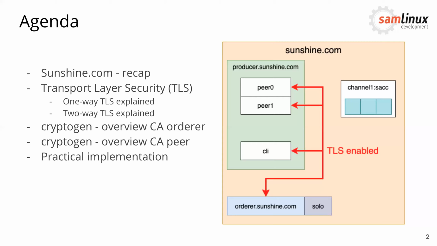I think I have a good visualization, and with this we can make it a little bit clear. And in the end, I will show you the practical implementation of this TLS example and how we can extend our network with it.